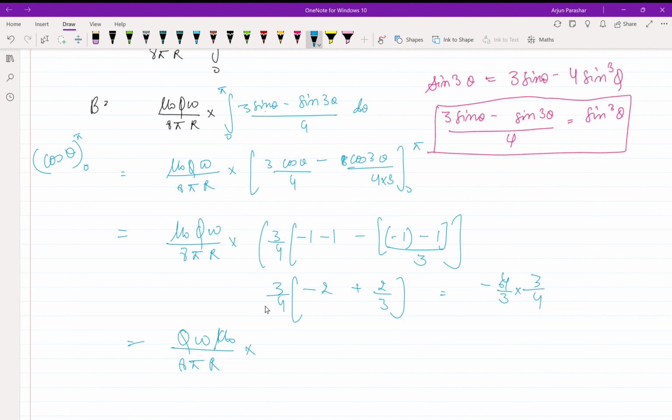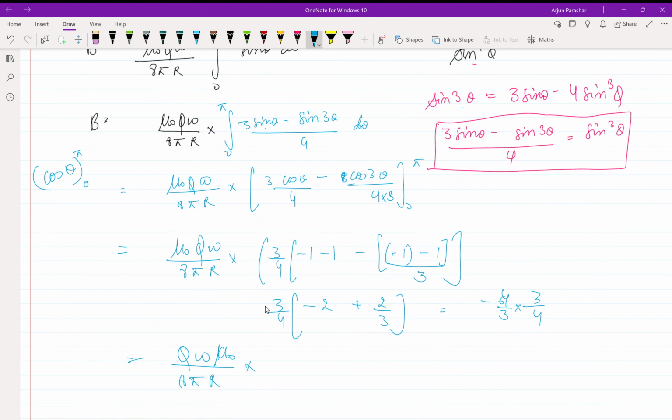Cos theta, 3 sin theta minus 4 sin cube theta, and sin cube theta here. This is correct. So I replaced it over here. This is all correct. Integration is also correct.